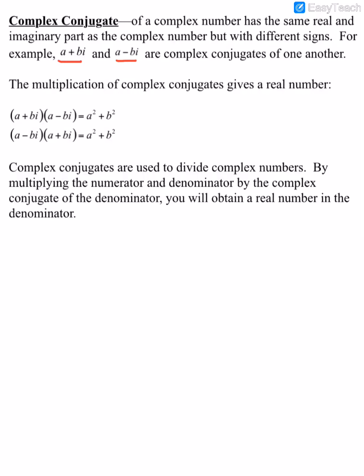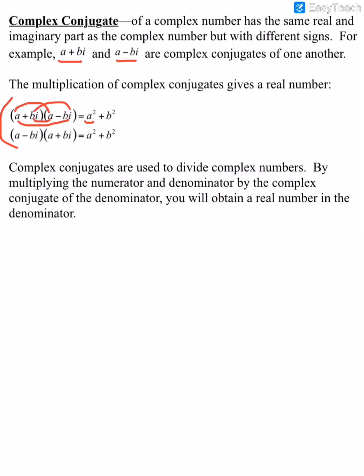Now, the reason why we do that is if we look at these examples here, if I multiply two complex conjugates times each other, I multiply the first two terms and that gives me a squared. Well, when I multiply the outer and the inner terms, that gives me a negative abi and a positive abi, which cancels out the middle terms.